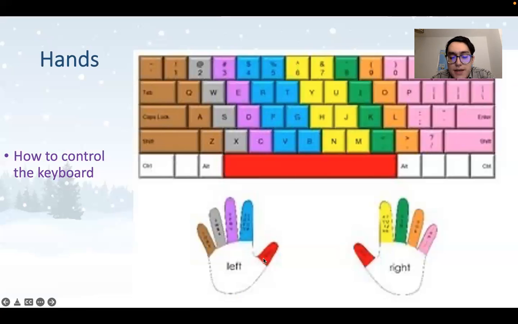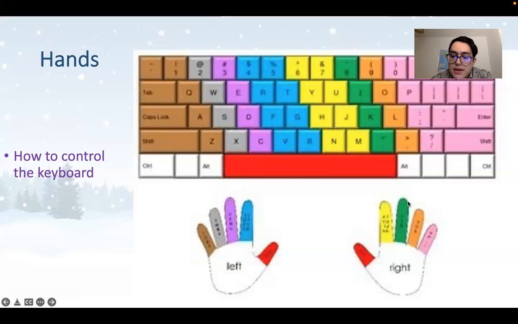Next, we have the space, which both of the thumbs are controlling. And we have the index of the right hand, which is yellow, and it's controlling N, M, H, J, Y, U, 6, 7, which are the yellow keys, matching with the finger.